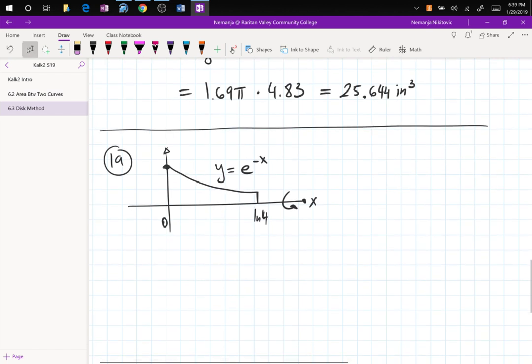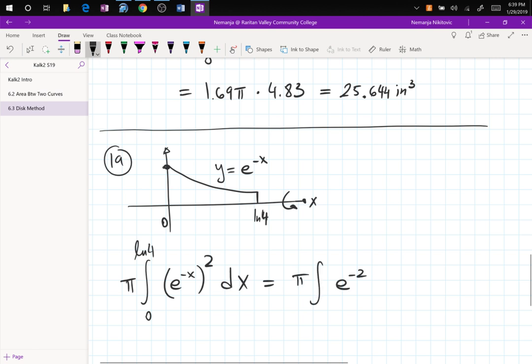Now, as I mentioned, calculations, we have our pi first, and then we have 0 and ln4 as our limits. We have our e to the negative x squared and dx. Exponent of the exponent, we multiply, right? So this is pi integral of e to the negative 2x dx, 0 to ln4.